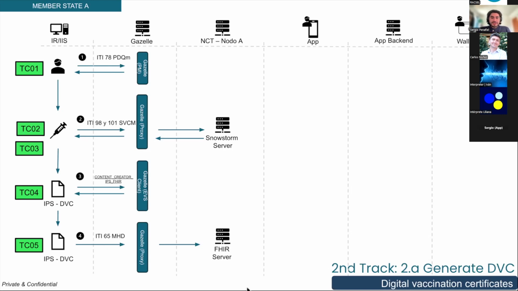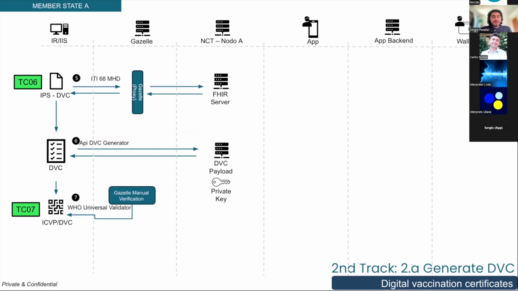So this is what we were mentioning in the previous week's webinar, so I'm not going to go into the details of this, but the important thing is that this part now comes from these IPS DVC. We can get to the ICVP certificates.